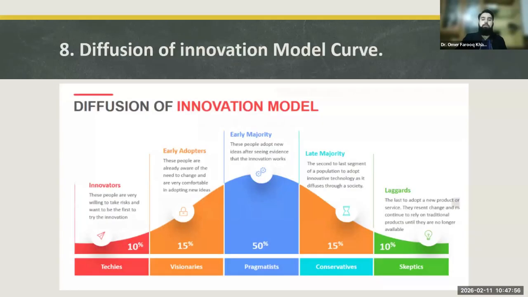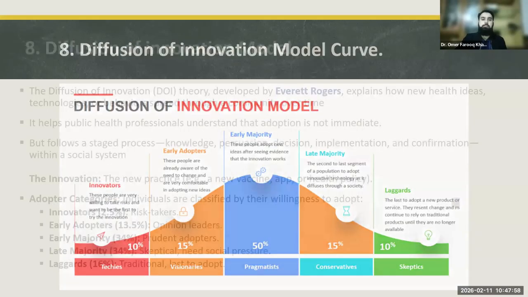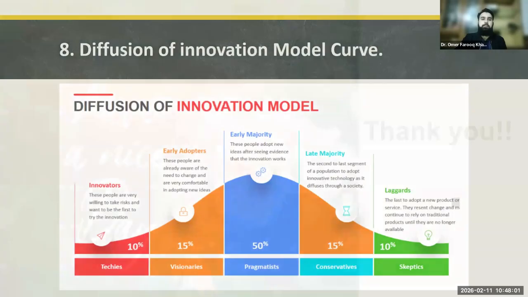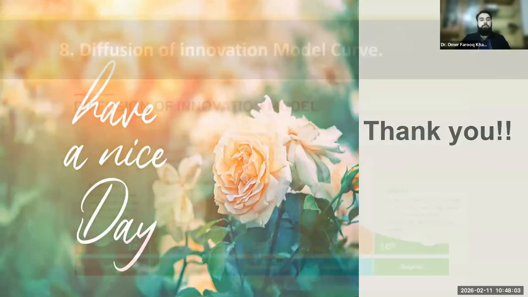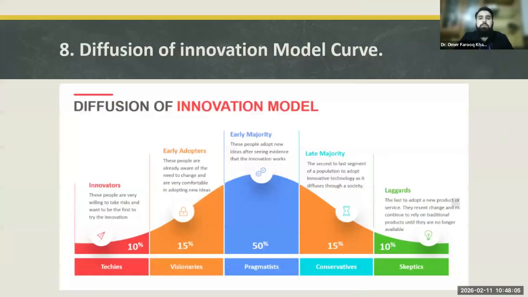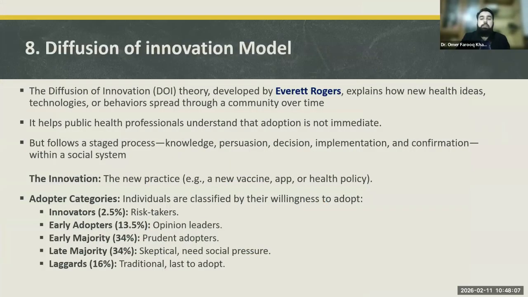And then there is another model, and this is our last slide. This slide states about diffusion of innovation. The diffusion of innovation theory, developed by Everett Rogers, explains how new health ideas, technologies, or behaviors spread through a community over time.